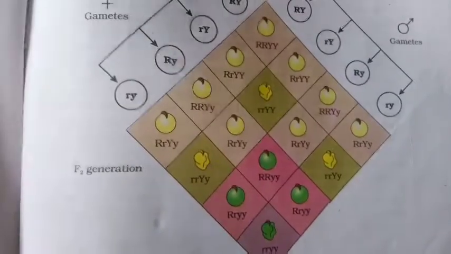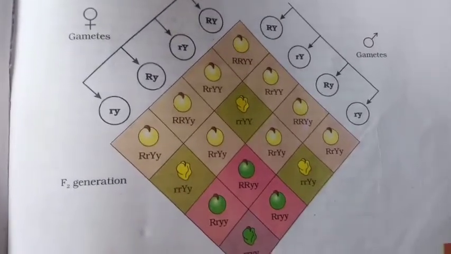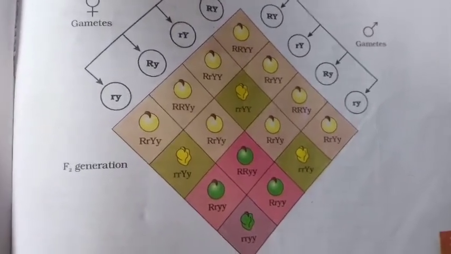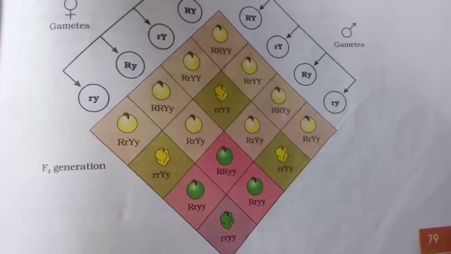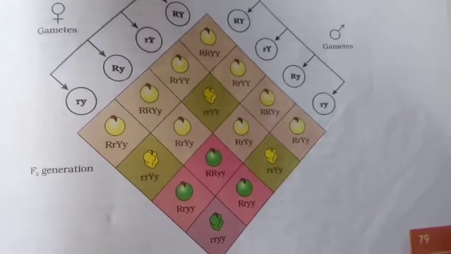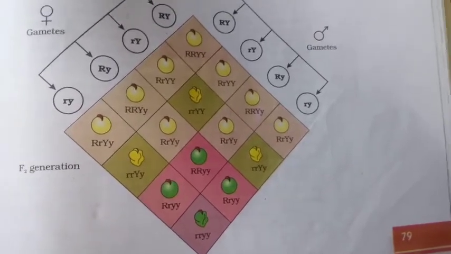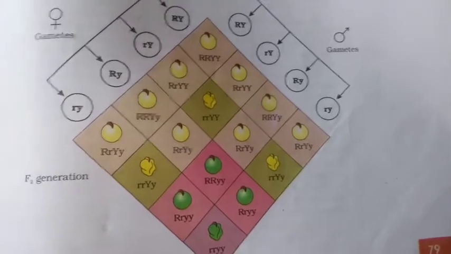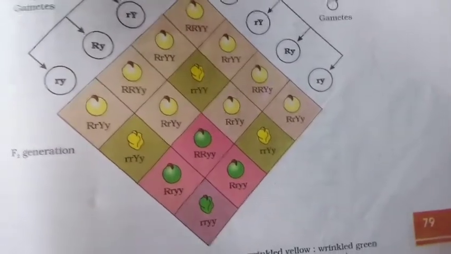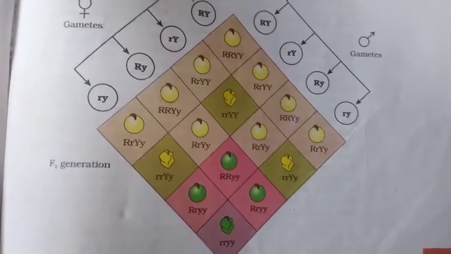When we study the two pairs of characters, if we count the yellow round seeds, there are 9 in number. If we count green round, there are 3. If we count yellow wrinkled, also 3 in number, and only 1 that is wrinkled green.